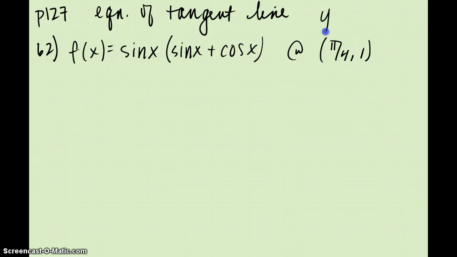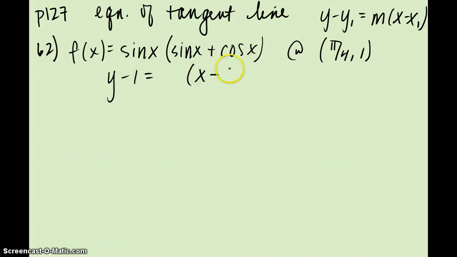Okay, equation of a line for tangent lines. Automatically associate that with point slope form. So y minus 1 equals m times x minus pi over 4. And the slope of the tangent line comes from the value of the derivative at the x coordinate.